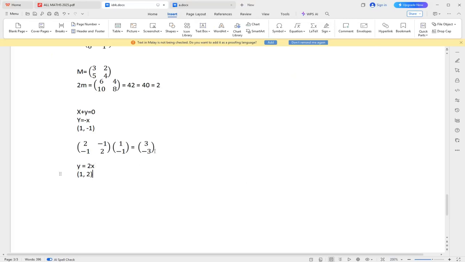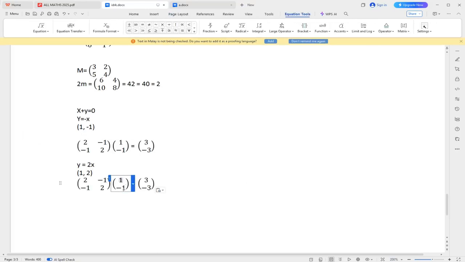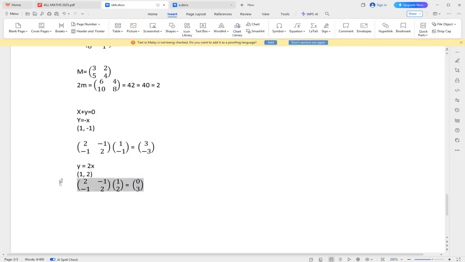Now transforming this point by the transformation matrix, this is going to give us 2 times 1 is 2, minus 2 is going to give us 0. -1 times 1 is equal to -1, plus 2 times 2 is equal to 4, -1 plus 4 is equal to 3. So this line is not invariant at all.